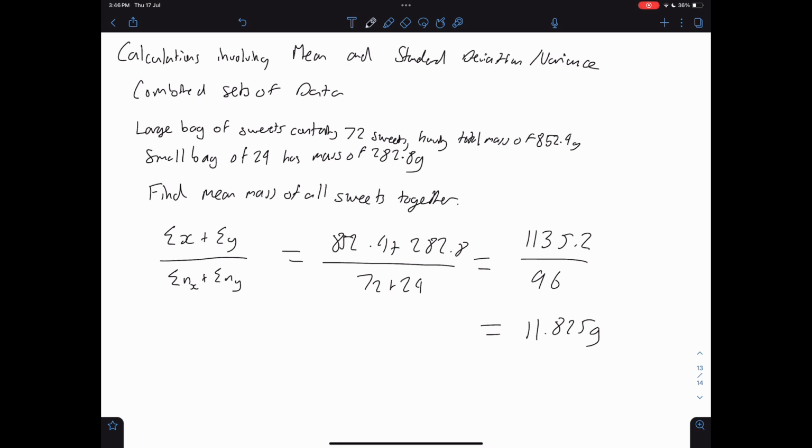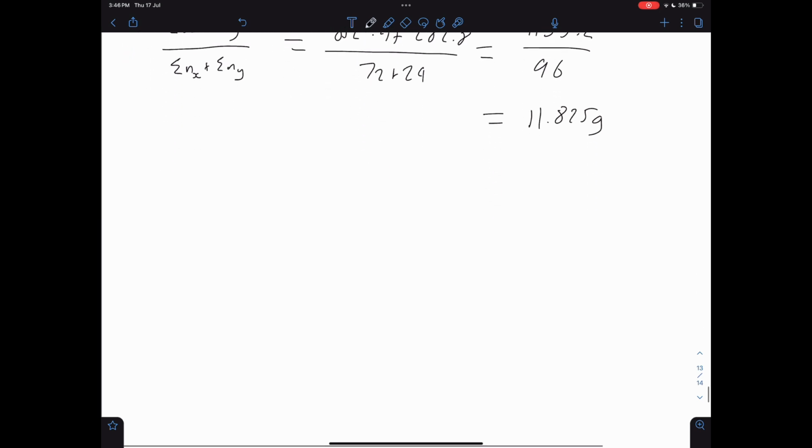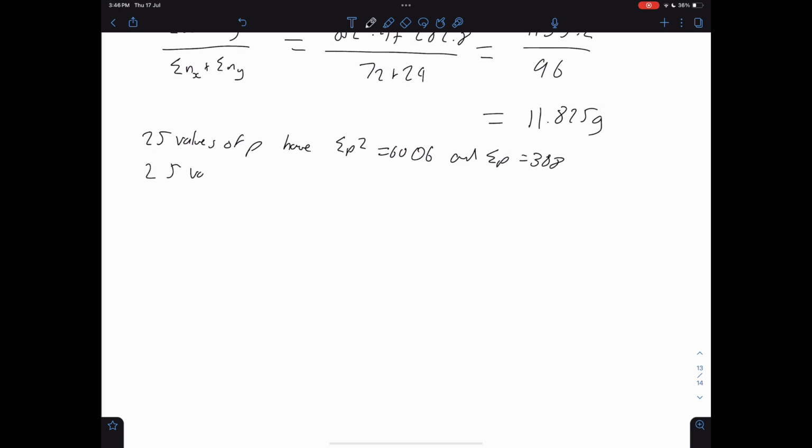Now, an example involving variance. 25 values of p have sum of p squared equals 6006 and sum of p equals 388. 25 values of q have sum of q squared equals 6114 and sum of q equals 387.